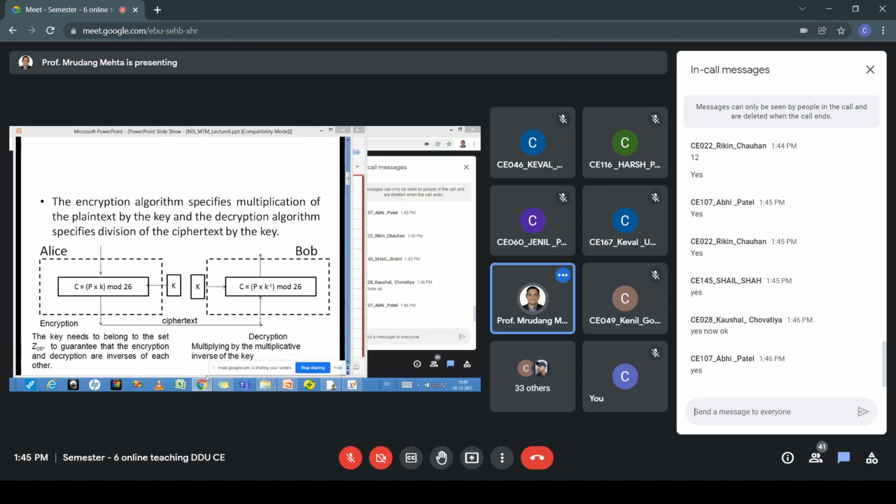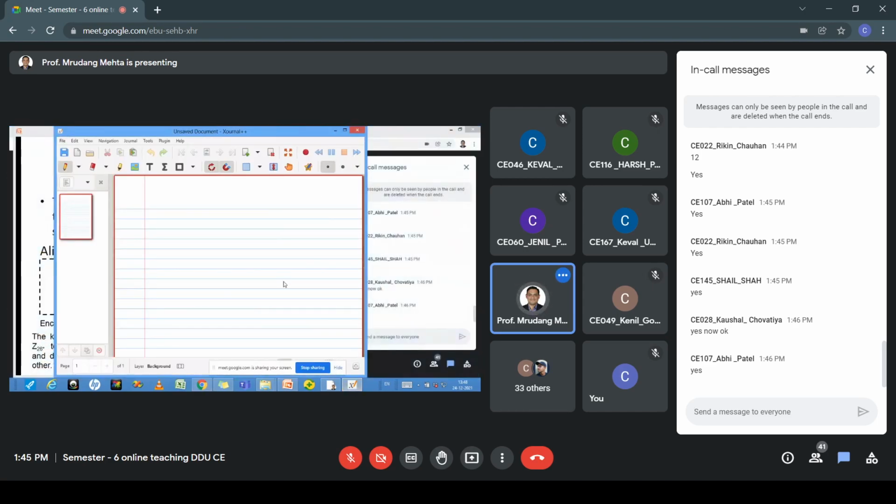The key needs to belong to the set Z26 star to guarantee that encryption and decryption are inverses of each other. That is why we are creating this Z26 star, because we want these values: 1, 3, 5, 7, 9, 11, 15.